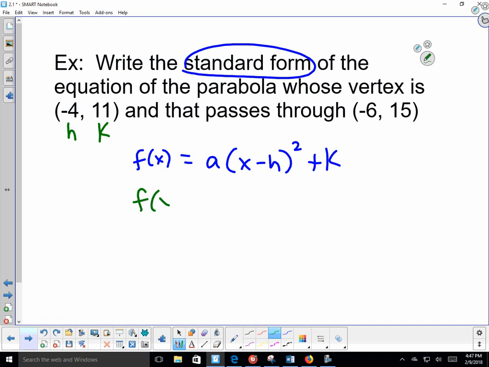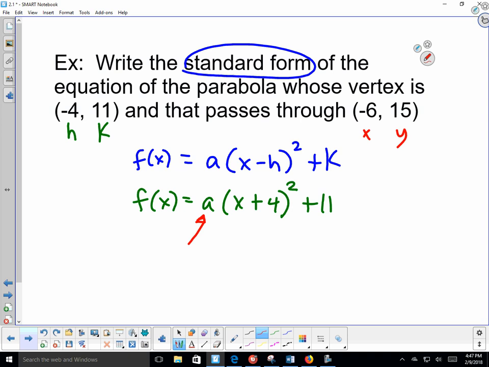So far my function looks like a times x minus a negative 4 is going to be a plus 4, quantity squared plus 11. That's my equation, but I can't just leave it there. I need to find the value for this a. And so in this case, I'm going to plug in negative 6 for x and 15 for y.